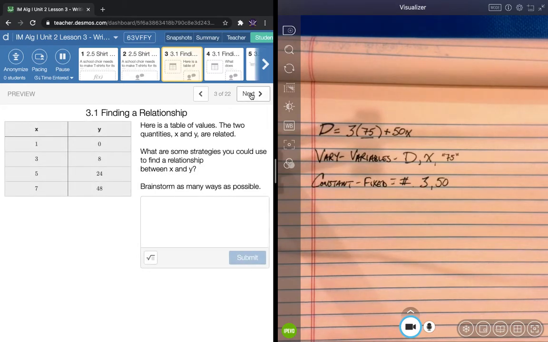So here's our list of table values. What are some strategies you could use to find the relationship between X and Y? You could try to see, is it multiplying? Am I adding? There are all sorts of different strategies that you could look at, seeing what they do, or how much they increase by.